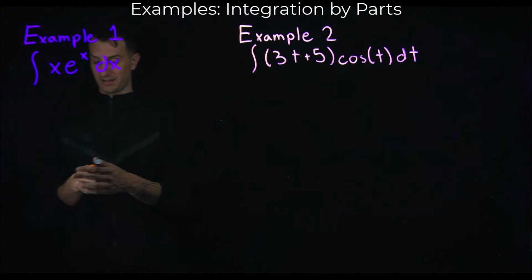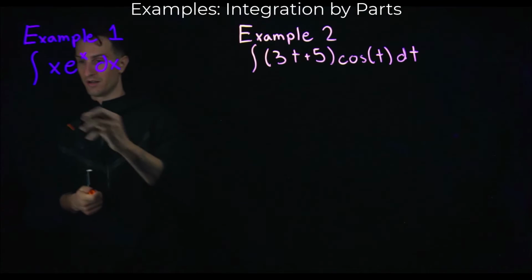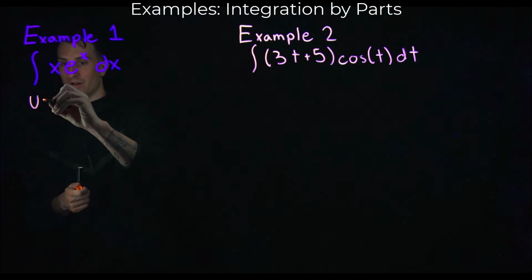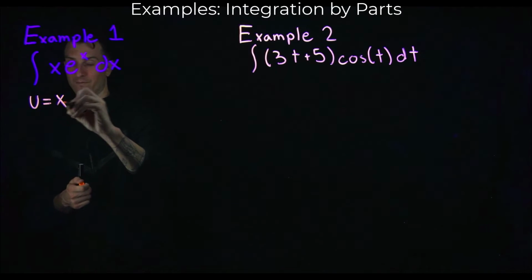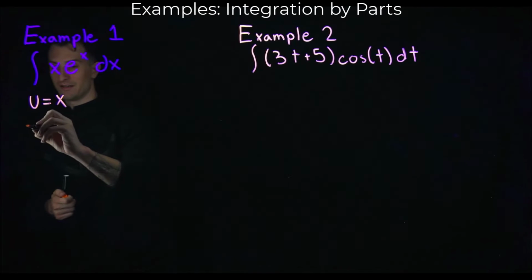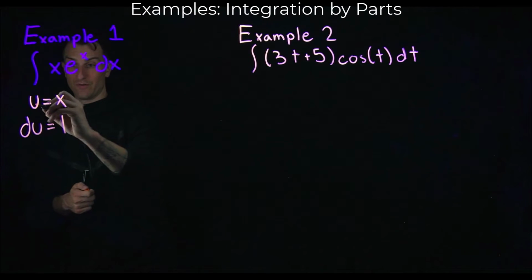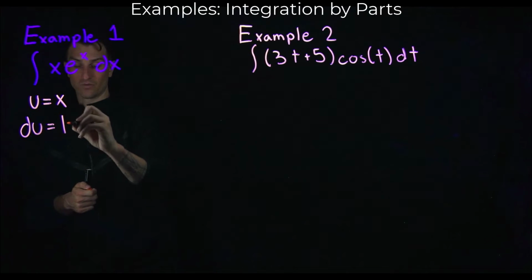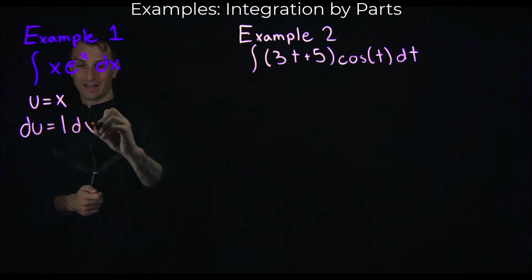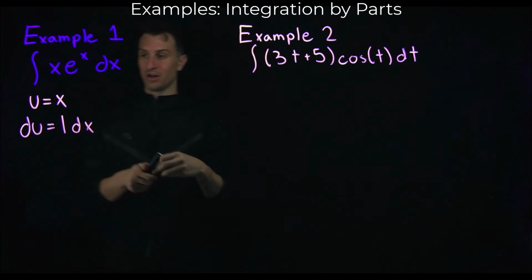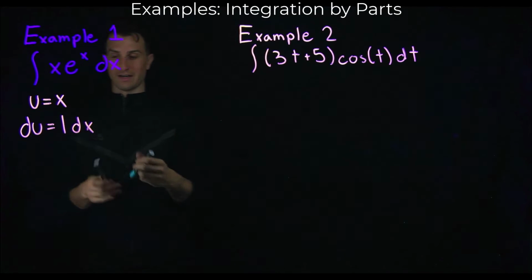So in this case, let's say u is equal to x, which means du is equal to 1 dx. The derivative of u is du, the derivative of x is 1 dx. I would line this up just as such to keep all your information organized.